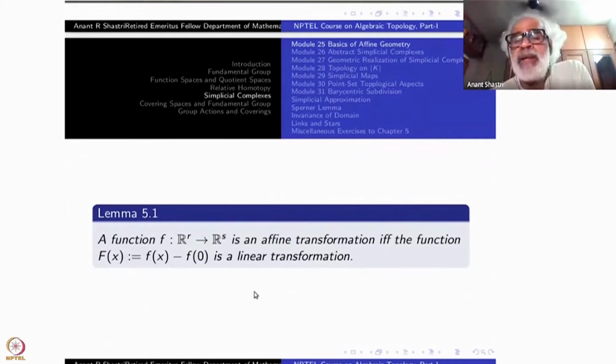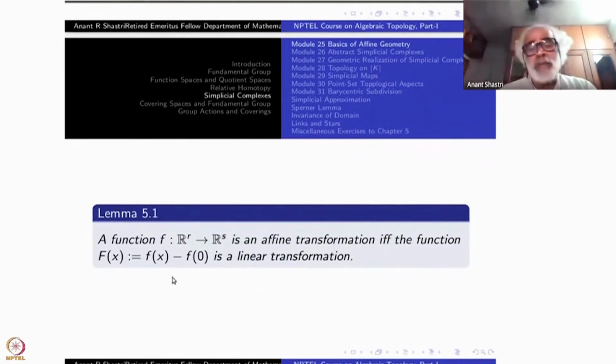Remember, what is an affine space? The affine combination of any two elements should be inside it. That's it. So R^m is an affine space also. It is a vector space, but it doesn't matter. If you have forgotten the origin, then it becomes an affine space. Now f is an affine transformation, not a linear transformation, if and only if the function f(x) minus f(0) is a linear transformation.